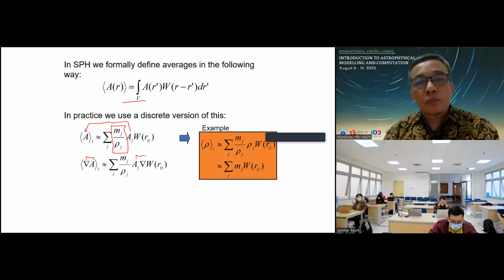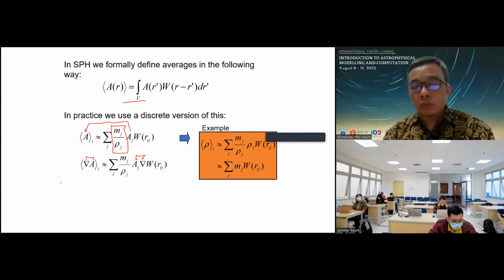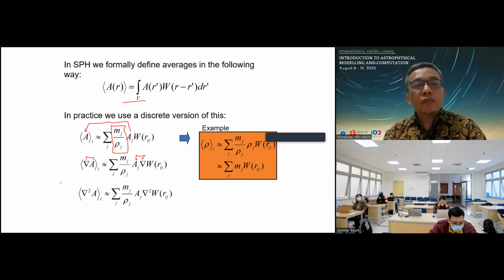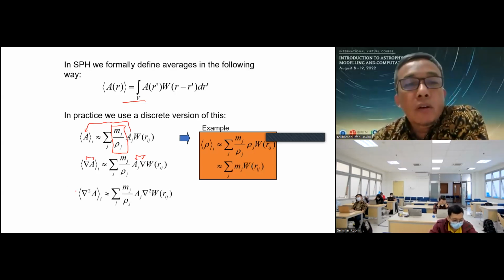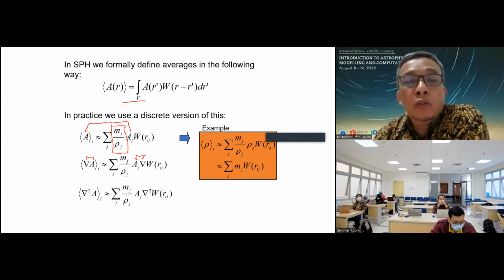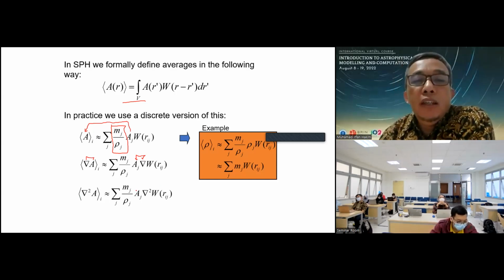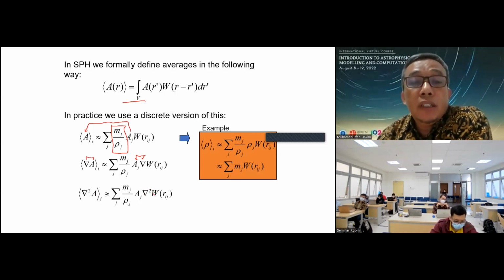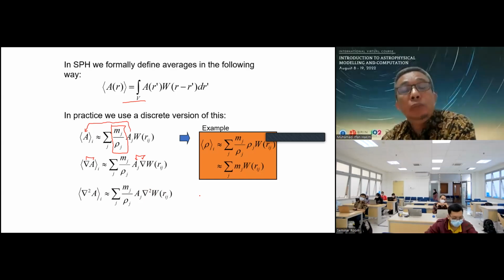We swap this notation, A nabla. Or here, grad square of A, we also swap this notation, A nabla square here. Grad square of kernel function.